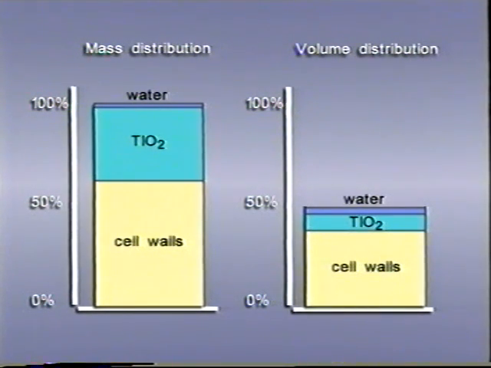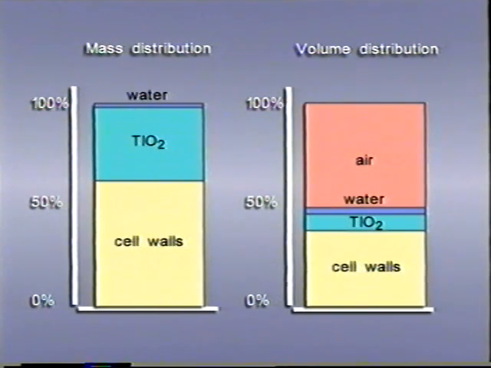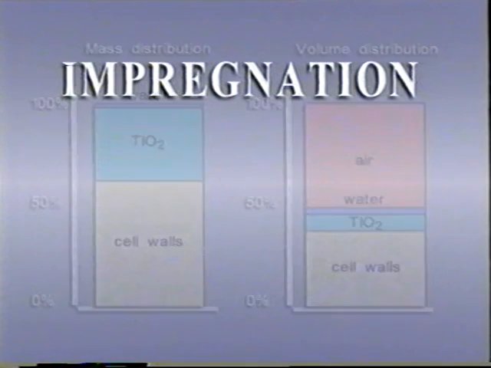However, when observing how the primary components are distributed by volume, we must also take air, or more appropriately stated, the microscopic gaps between the fibers into consideration. The size and distribution of these gaps can be controlled during the paper manufacturing, which has important consequences for the impregnation process.